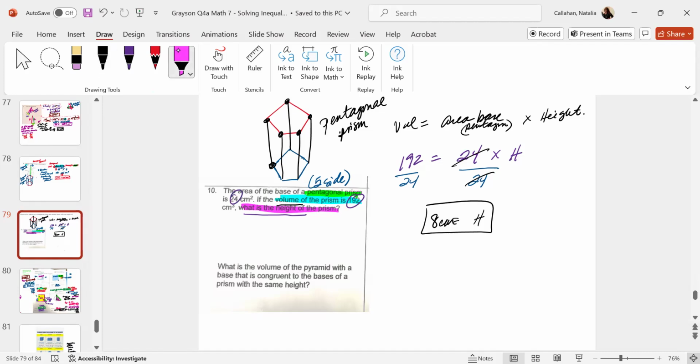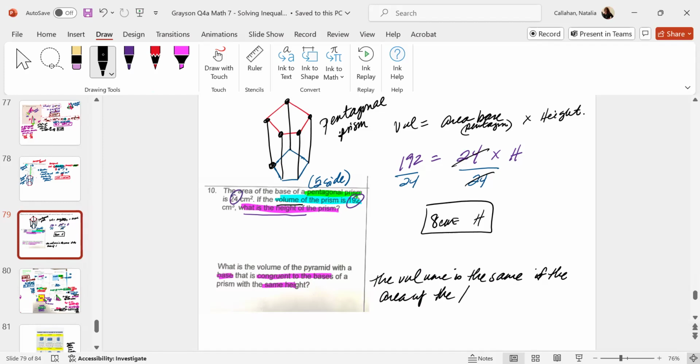Well, if the base is the same as the base and they have the same height, wouldn't that just be the same? That's it.